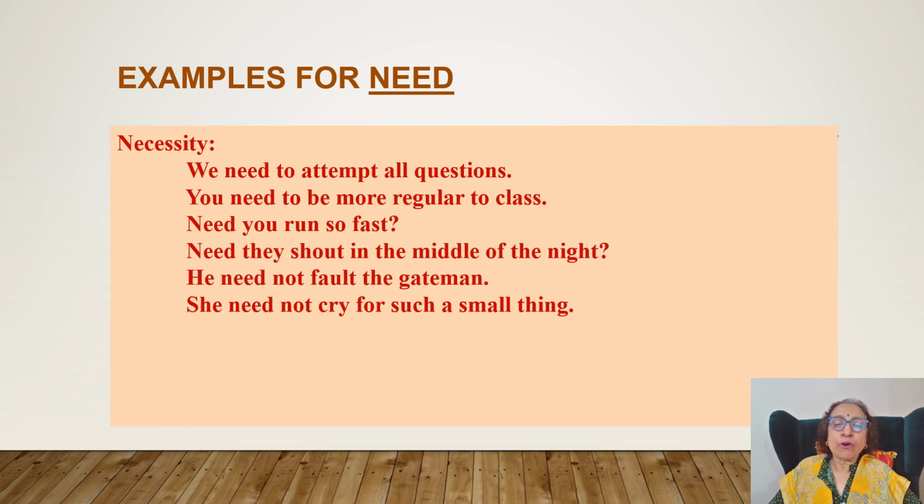Shout is there. He need not fault the gateman. Here fault is used as a verb. She need not cry. Cry is the verb. And need not, need to, these are the modal auxiliary verbs. They are helping the main verb to show the mood of the sentence.